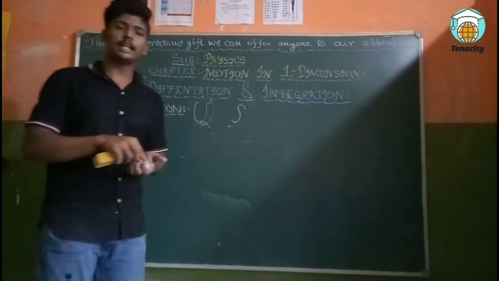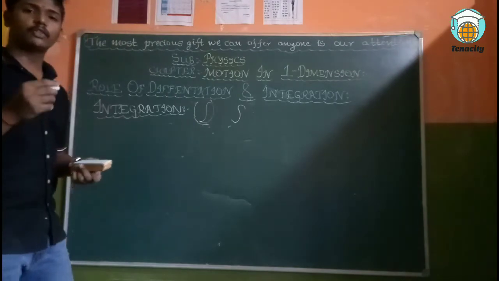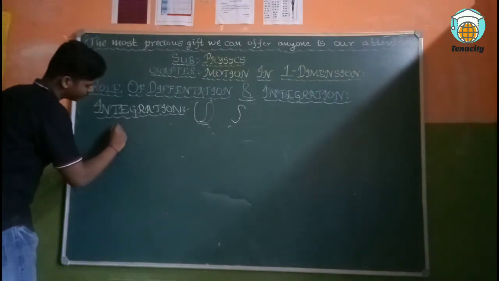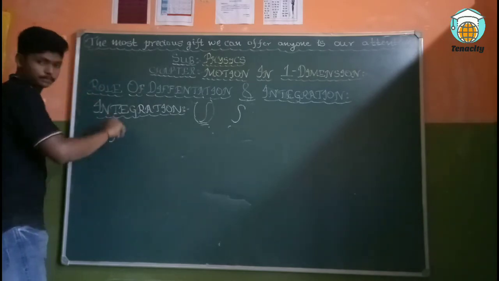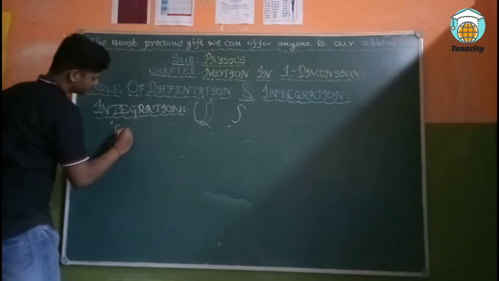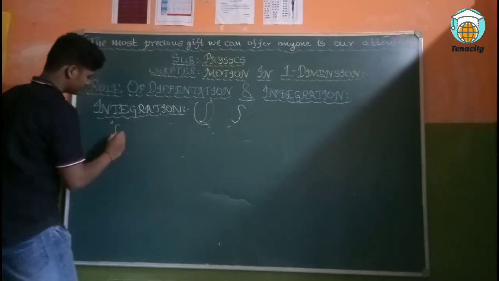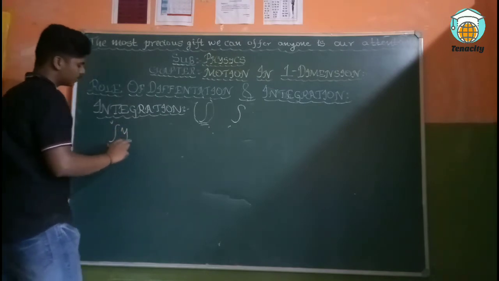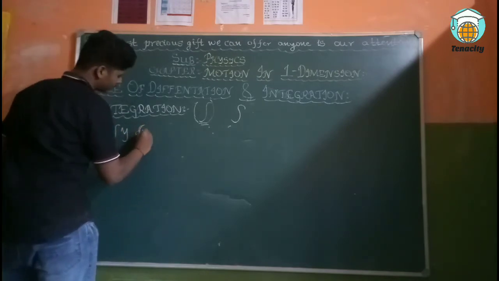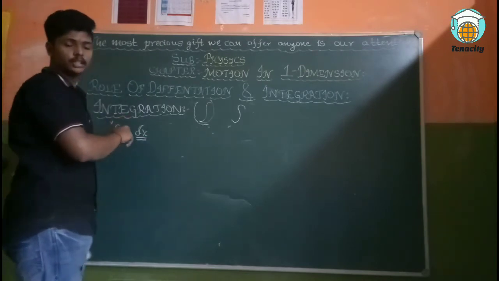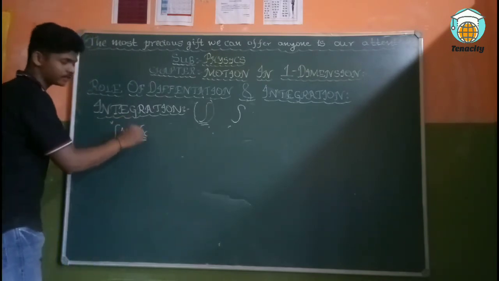Before that, let us see the notation of integration. Generally, integration is written as this symbol with some limits and a function y, and dx is also written, in which this y function is written in terms of x.